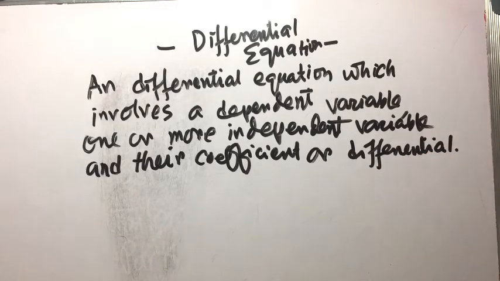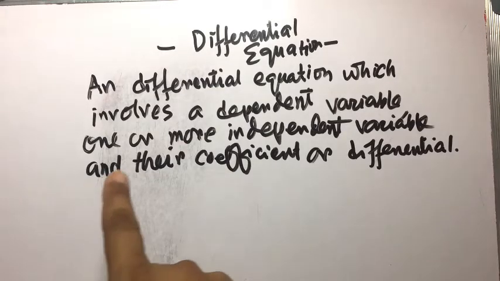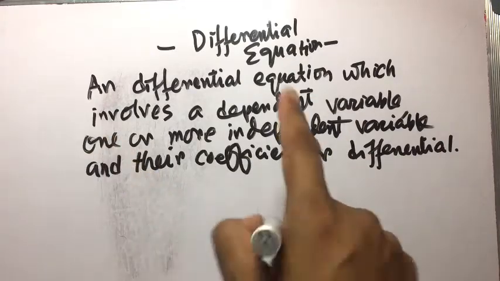So any equation which involves dependent or independent variables and their coefficients or differentials is known as a differential equation.